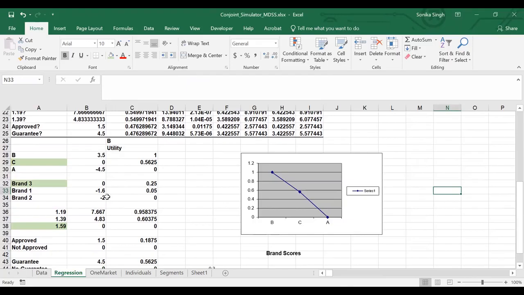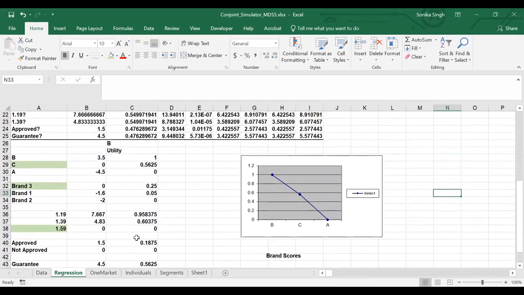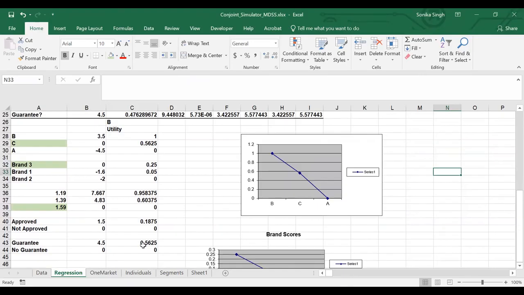So you can do a similar exercise for all of the attributes given here to understand which of the attributes the consumer derives a higher utility from. This is the example given for one consumer.